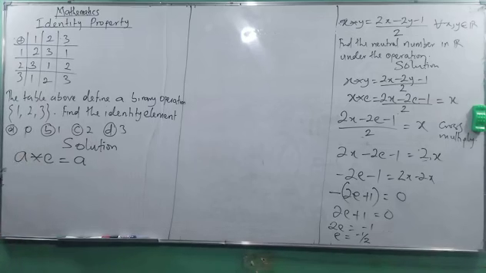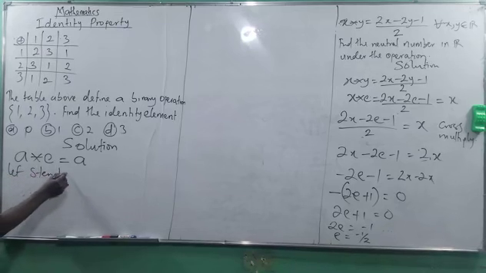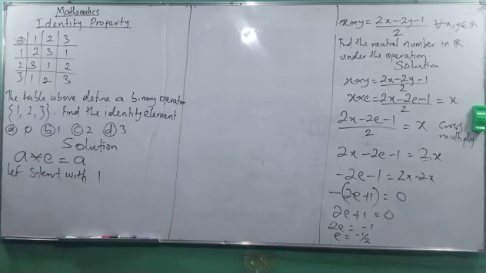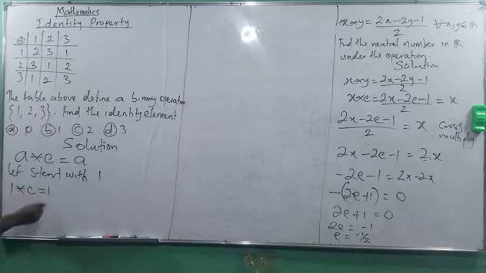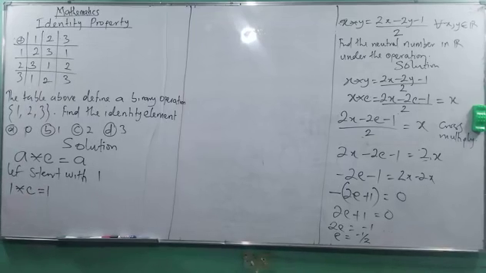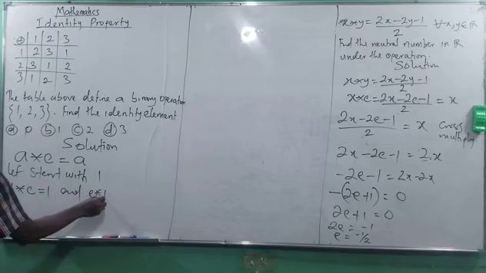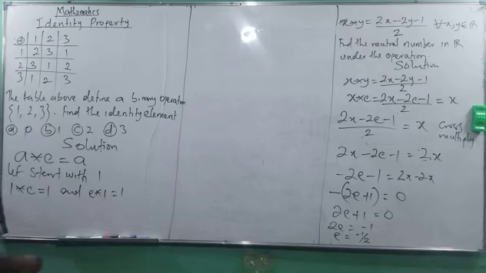Let's start with 1. I know that 1 operates with E will be equal to 1, and E operates with 1 equals 1. That is what I'm trying to work on.